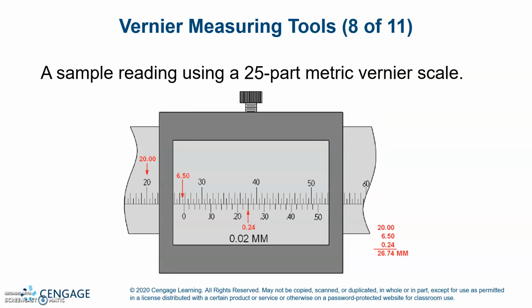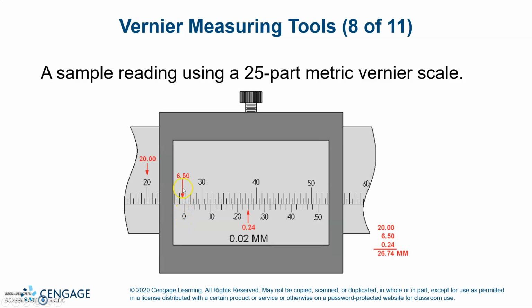Alright, vernier measuring tools again. A sample reading of a 25 part metric vernier scale. Alright, so there's your 0. It's after the 20 mark, so 20 millimeters.